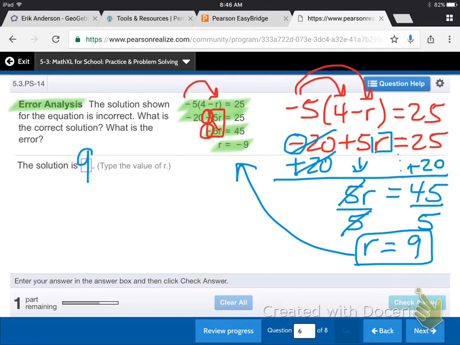It should have been trying to use the inverse of this -20 first. So let me go back over that. That got kind of sloppy. So remember what I said. This is not what you want to focus on, the inverse. This is what you want to focus on. And so when they did this step right here, they did the wrong step. And that gave them the wrong answer.